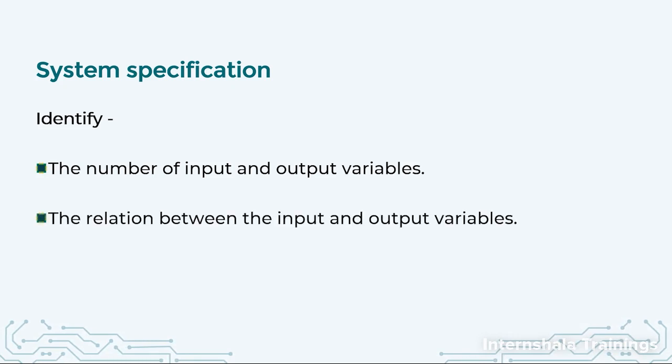Once we decide that, then we work on the relationship between these input and output variables. We have to also identify some invalid conditions. That means if this particular input is given, then no output can be generated, or this particular output can never be generated. So all of these we have to work on.